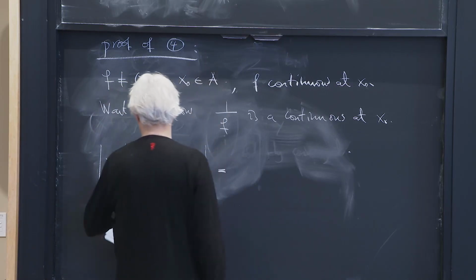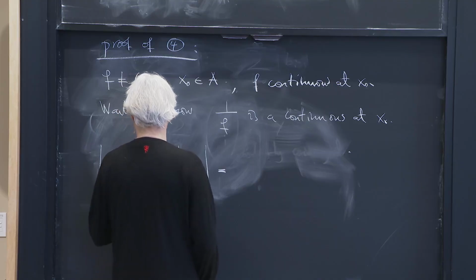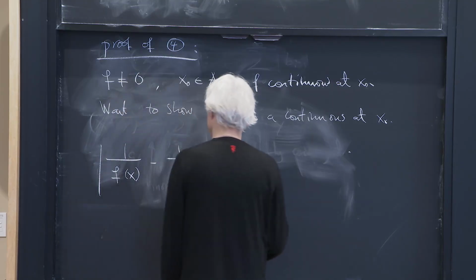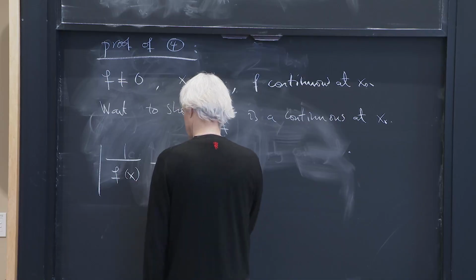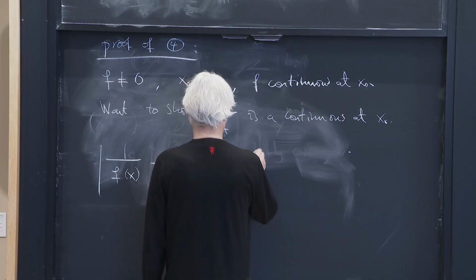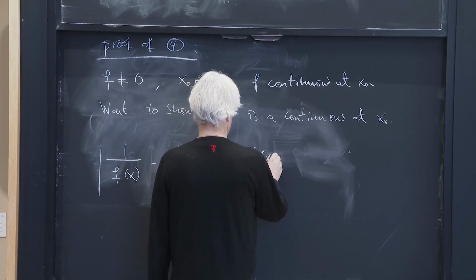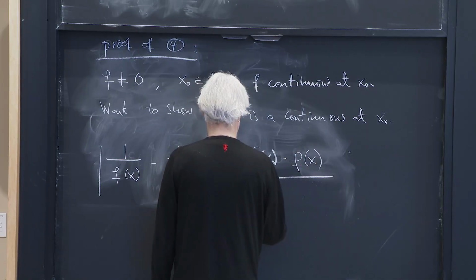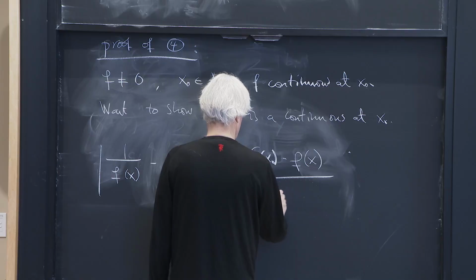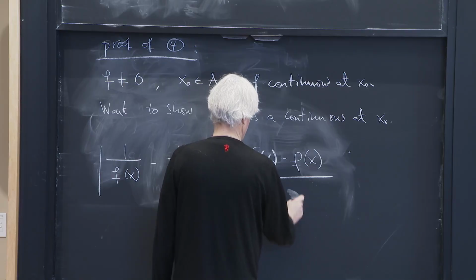So now, let me just estimate this thing here. I just put it on the common denominator. So I have f of x0 minus f of x divided by f of x0 times f of x.